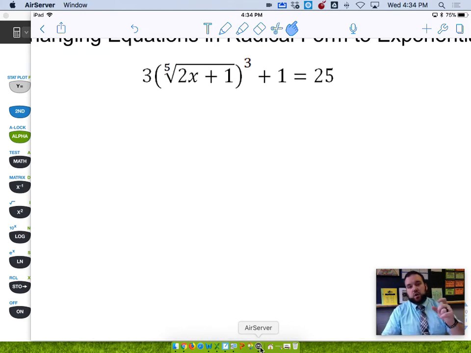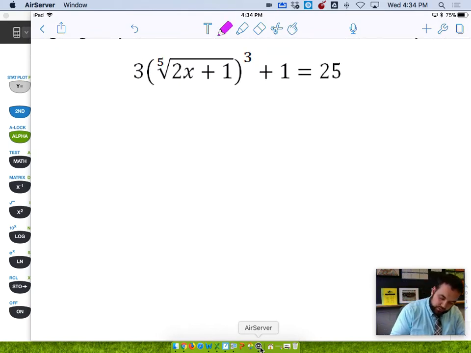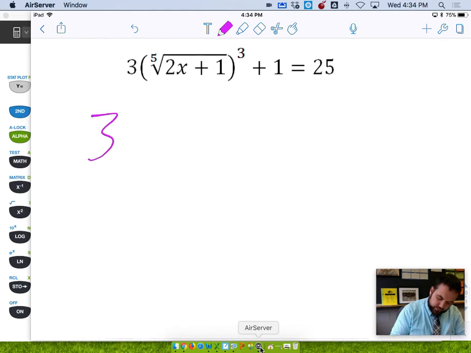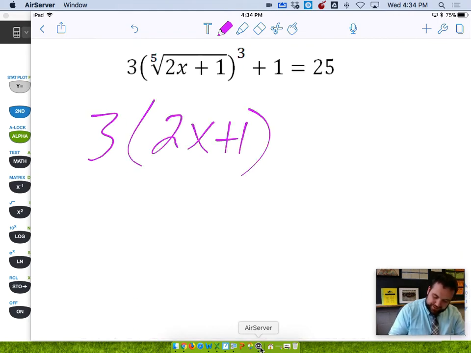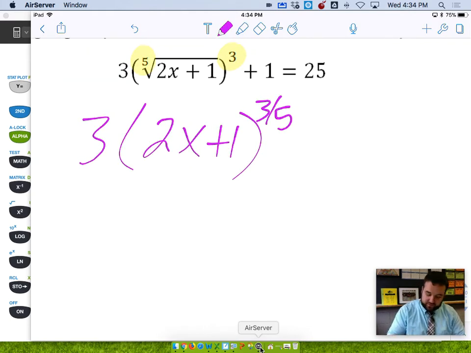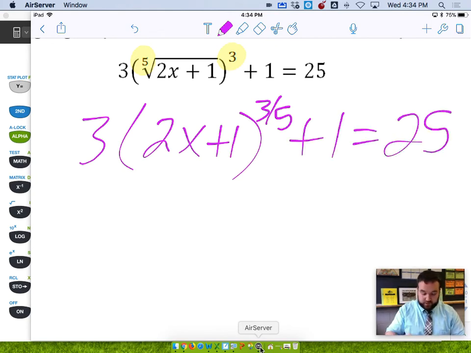But now that we know the reciprocal rule with the exponents, what I'm going to do is rewrite this as 2x plus 1 to the power of, dramatic pause, 3/5. Okay. There, that exponent of 3 is my numerator, but the index is going to become my denominator. So those things pair together to get 3/5 for my power. I'm going to finish off copying down the equation. So plus 1 equals 25.